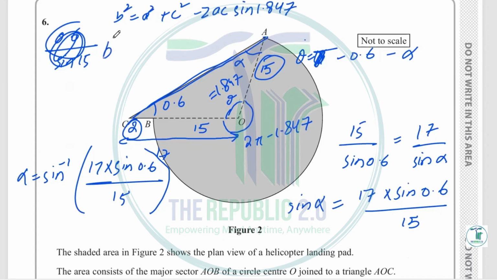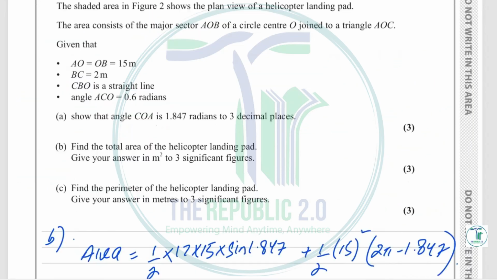And you've got B squared is equal to A, that is 15, and this side, which is going to be 17. So 15 squared plus 17 squared minus 2 times 15 times 17 times 1.847. By sorting this down, you'll get B. And to have this arc, you can use L is equal to r theta.